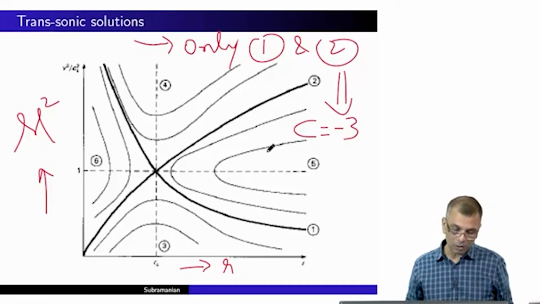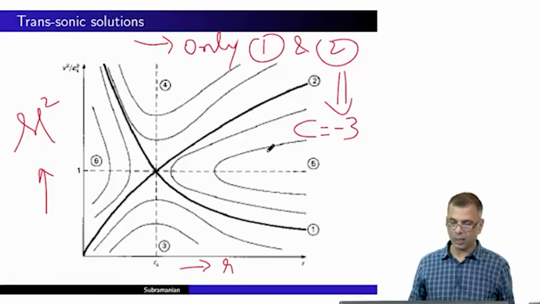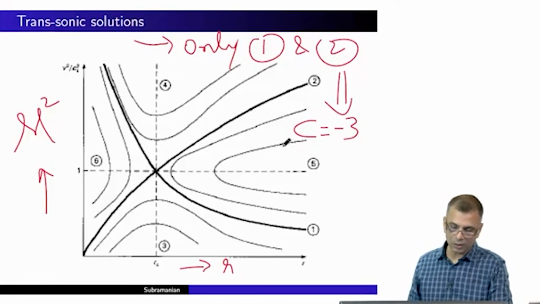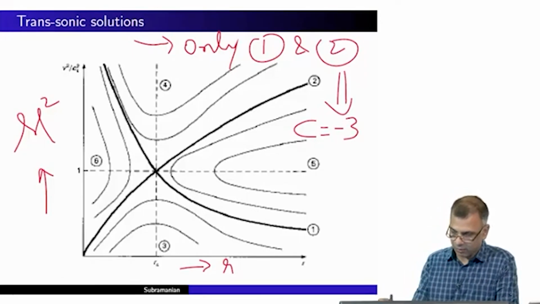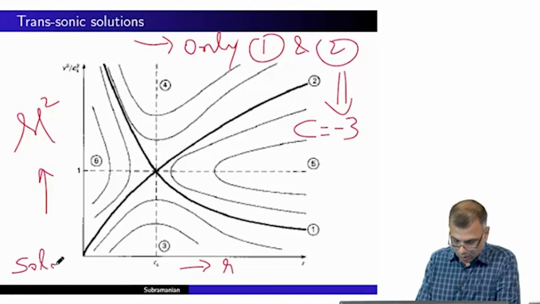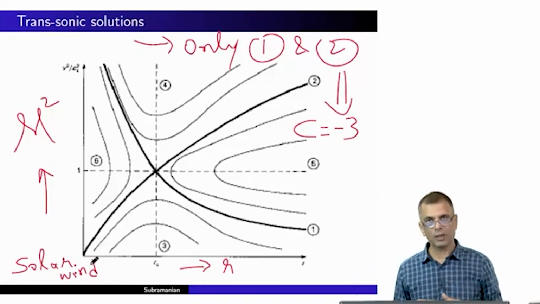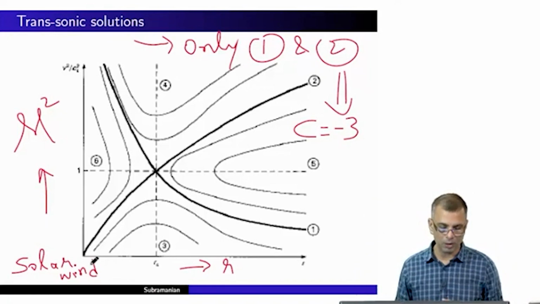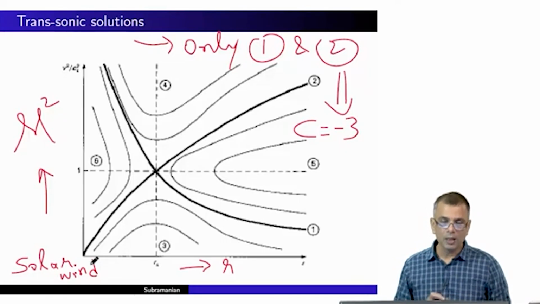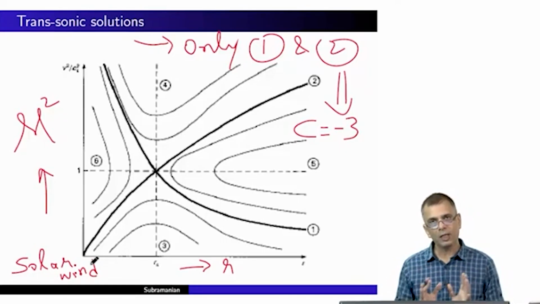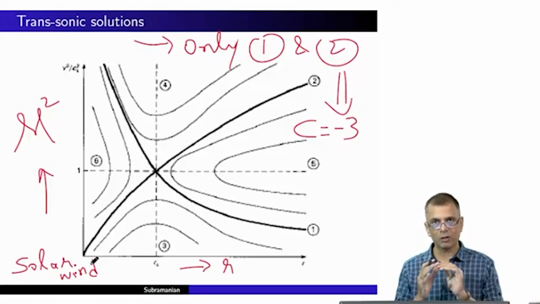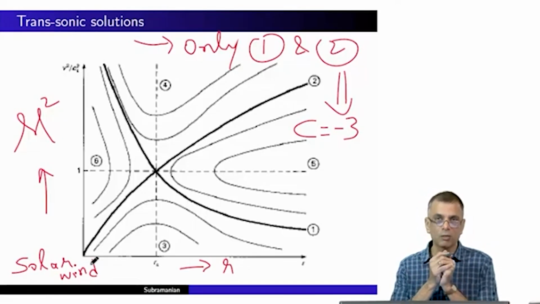The other thing I wanted to mention was that I had made a mistake. Suppose we are considering the solar wind, and so let us think about what the solar wind means. The solar wind, as I explained maybe a couple of classes earlier, is a wind emanating from the outermost atmosphere of the sun, which is the corona.